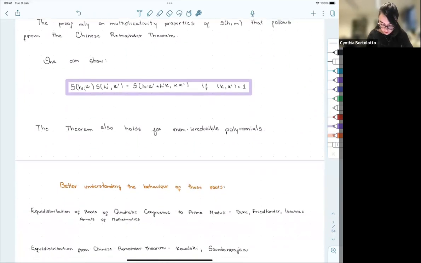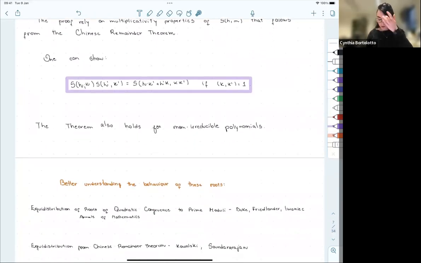I just want to point out these two works. The first one is a famous work of Duke, Friedlander, and Iwaniec. They proved that the roots actually distribute well when we only consider the roots modulo primes.